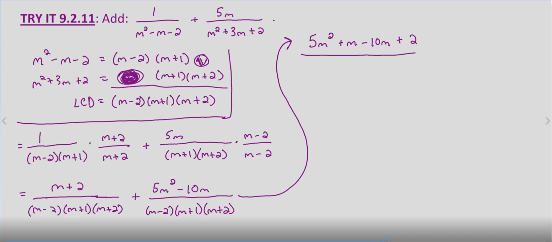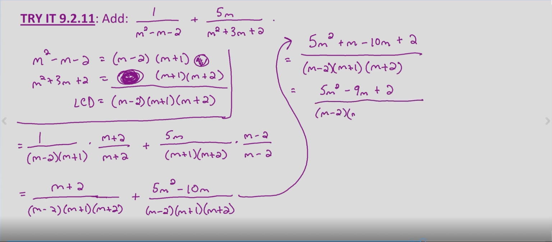And that's all over our common denominator of m minus 2 times m plus 1 times m plus 2. Then combining like terms, we have 5m squared minus 9m plus 2 over m minus 2 times m plus 1 times m plus 2.